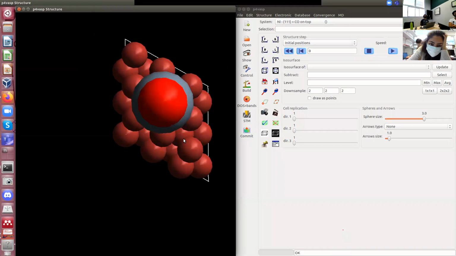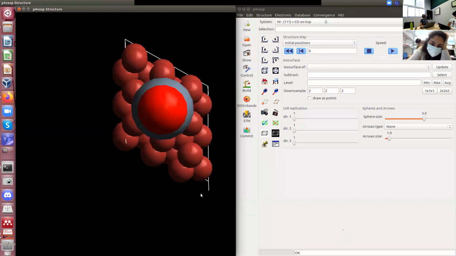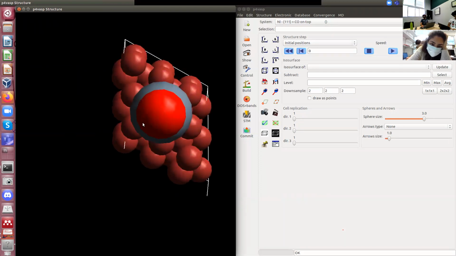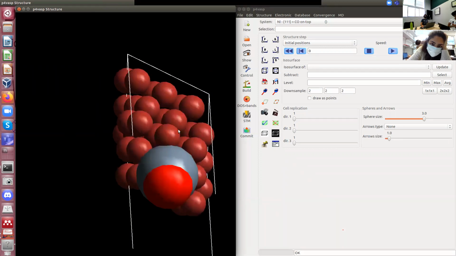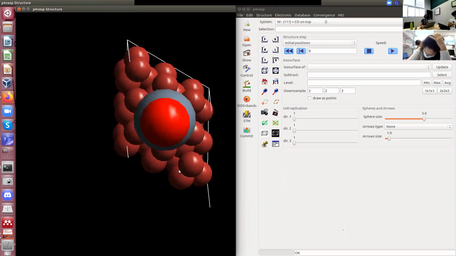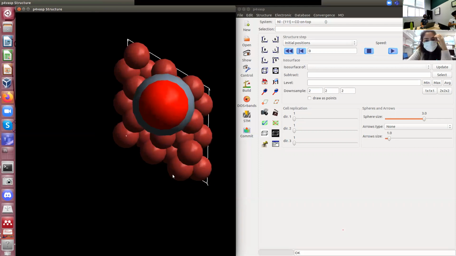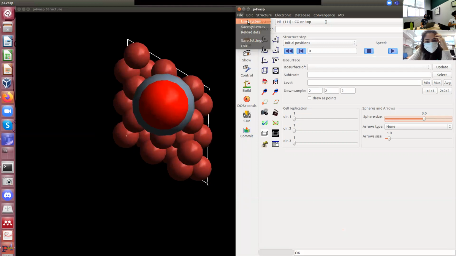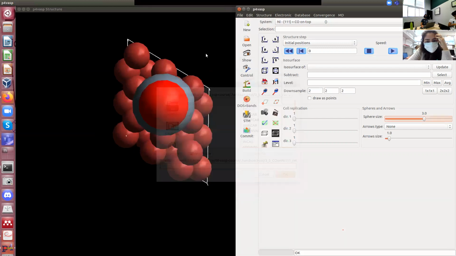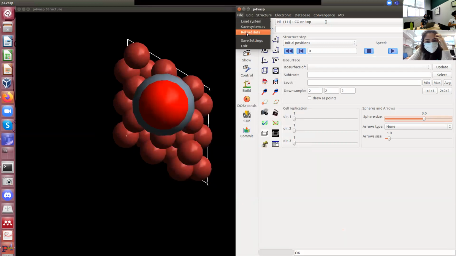And indeed, depending on the coverage, if you try, for instance, to calculate the adsorption energy of this CO and the adsorption energy of the previous CO, you will see that the adsorption energy of this CO will be much higher than the previous one. Because in the previous system, I need to click on reload. Yes.